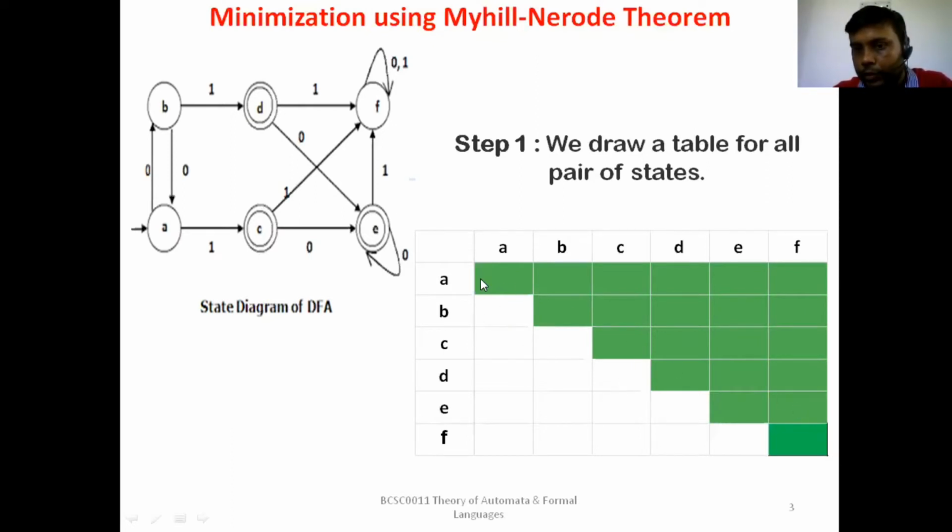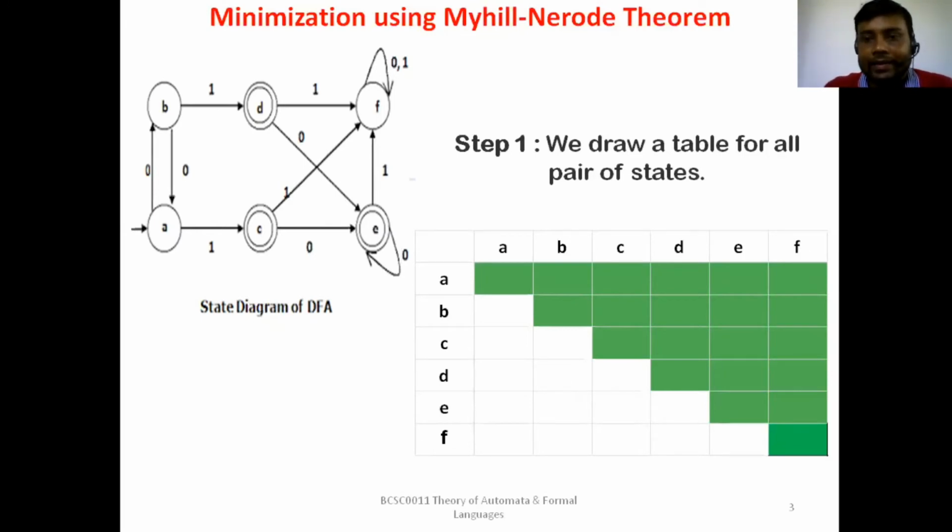This is the diagonal part, A to A, B to B, C to C, D to D, E to E, F to F, and we have to consider the cells below this diagonal, which are initially unmarked. This is step 1. In this, we consider either the lower or upper triangular area of the given table.